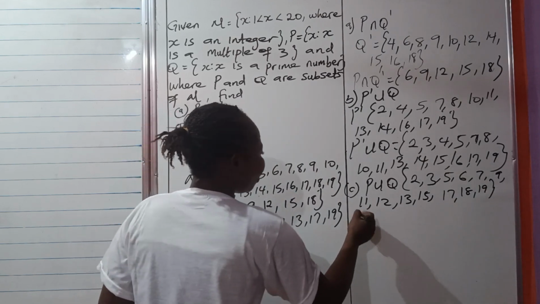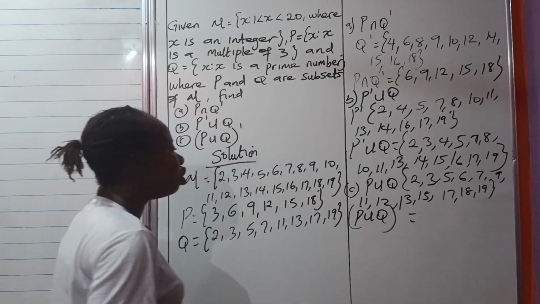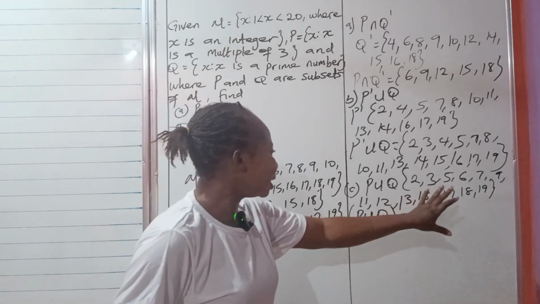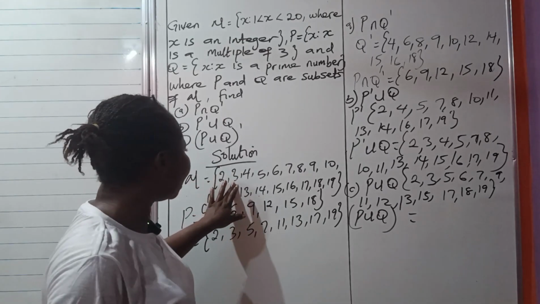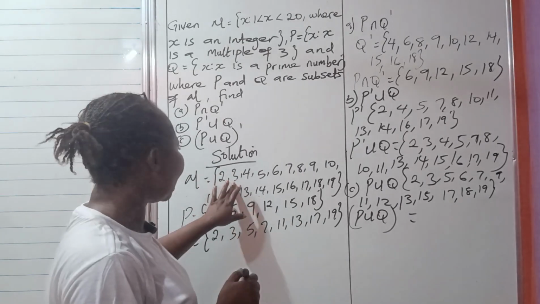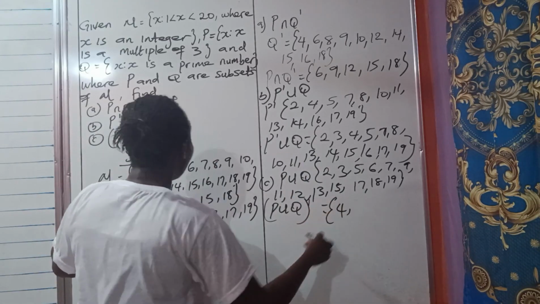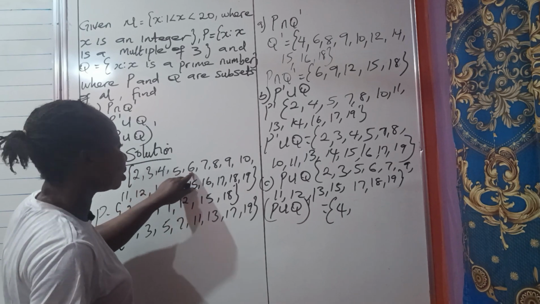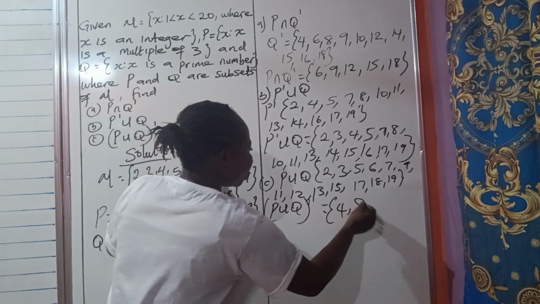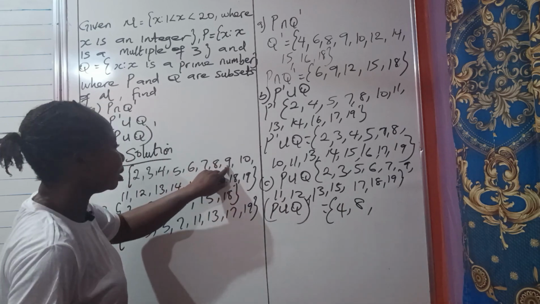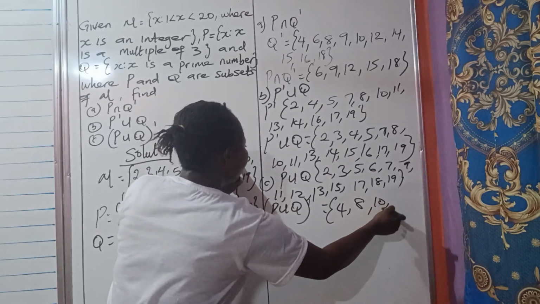So let's now find the prime of P union Q. What is P union Q prime now? All the elements in the universal set that are not in this set. 2 is here, 3 is here. The first number is 4. So we have 4, 5. 6 is there, 7 is there, 8 is not there, so we have 8. 9. 10 is not here, so we have 10.